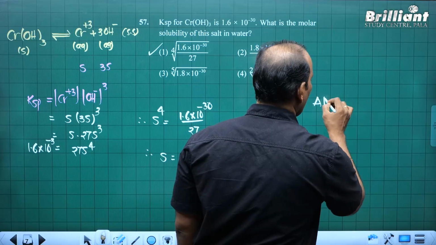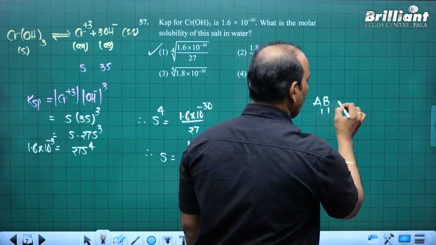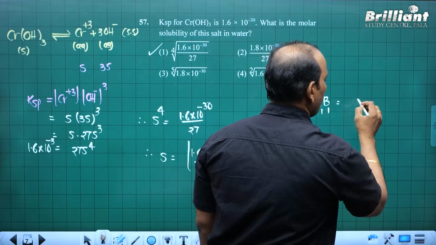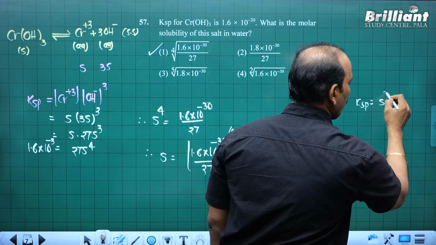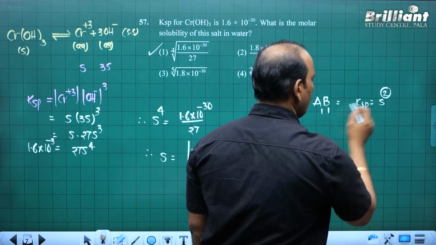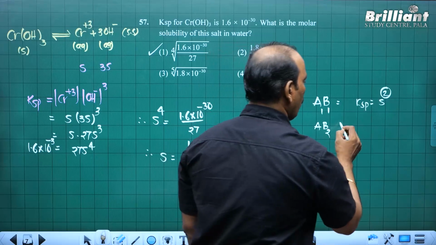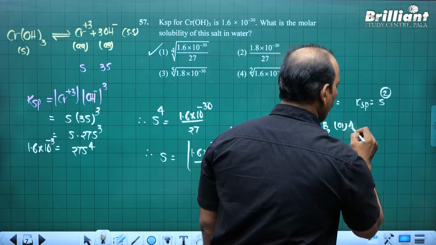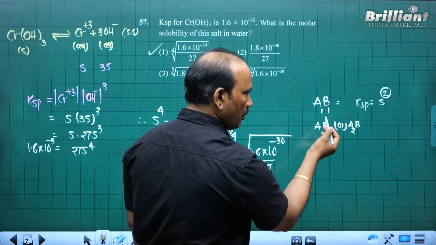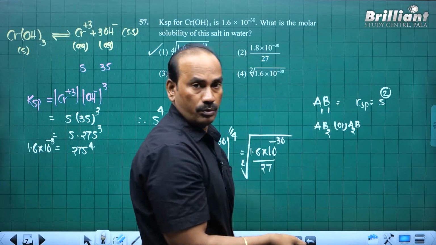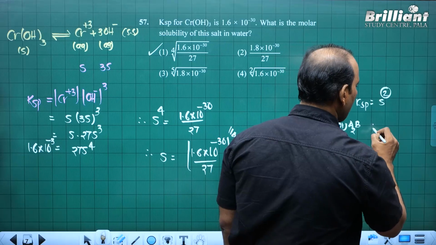I give the simple shortcut. AB type is given. Here 1, here 1. This is Ksp equals S square. Now, AB2 or A2B is there. Here 1 plus 2, total equals 3. I don't go to the coefficient value.